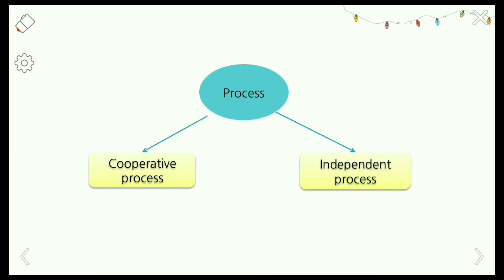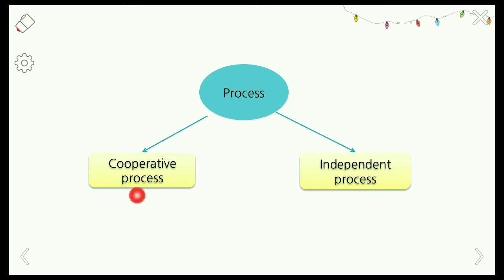Processes are of two types, cooperative and independent. In the cooperative process, each process is dependent on each other and all the processes share data, so the execution of one process affects the execution of another. Since all the processes access common code, there is a dependency.